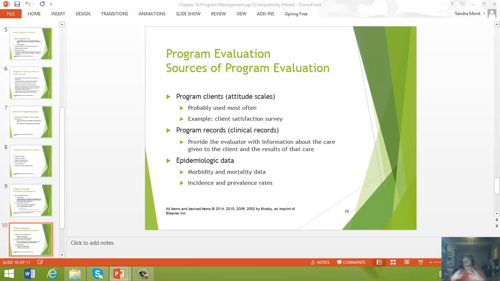One of the main problems with trying to assess and also to conduct programs and to do evaluations and quality assurance, which we're going to talk about in the next chapter, is that records are kept different ways, and that's why we're trying to get to one consistent way of maintaining records at some point in the future. And then for evaluation, they would also look at epidemiologic data, such as morbidity and mortality data, and also incidence and prevalence rates.